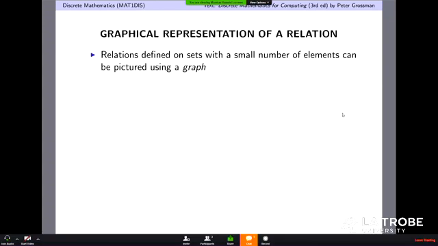False. 6 greater than 3 is true. 6 greater than 5 is true. 6 can't be greater than 6. So this is true, true, true, false. Okay. So there you can see that this is called matrix representation of these relations.